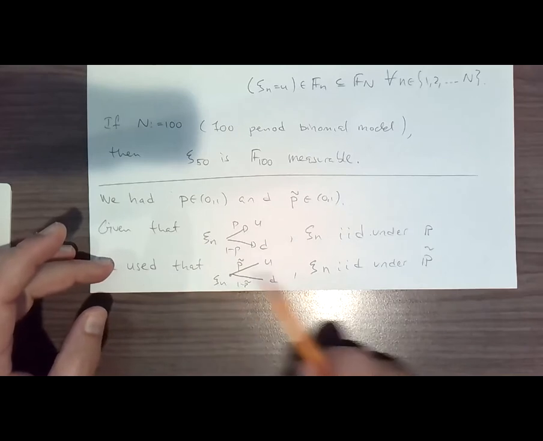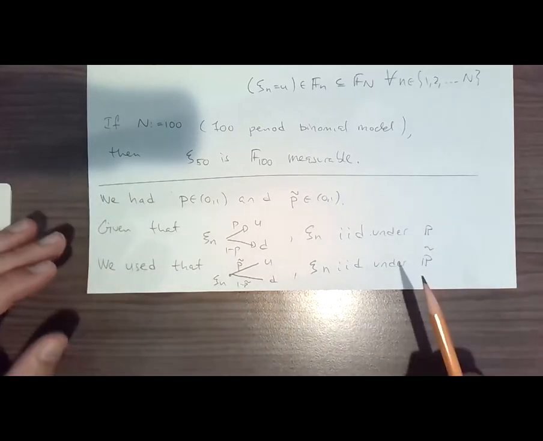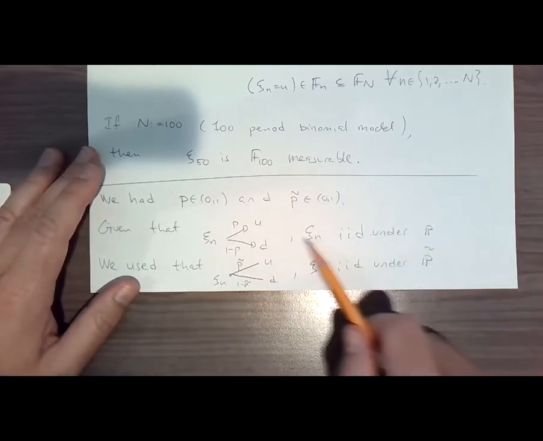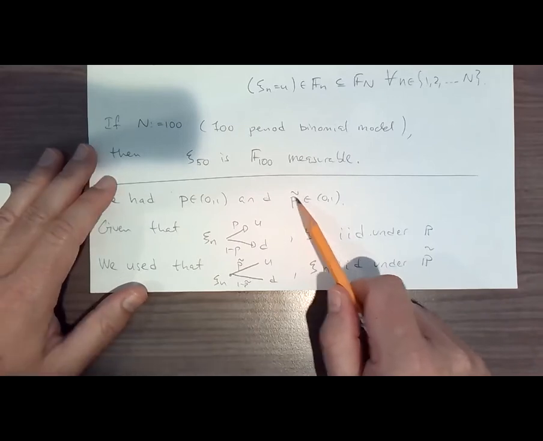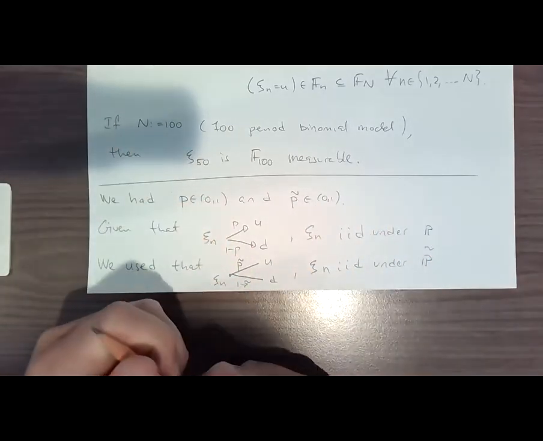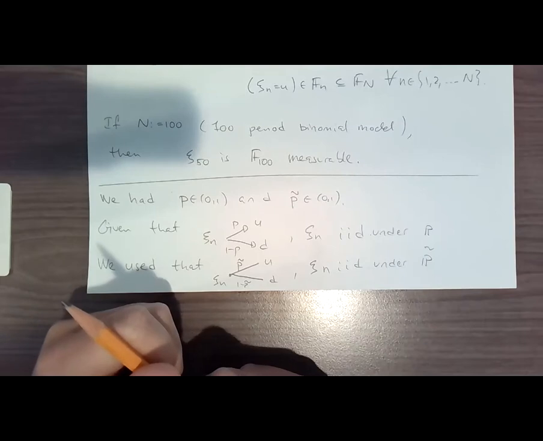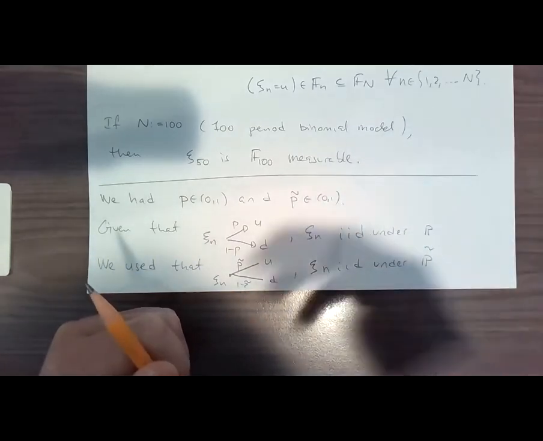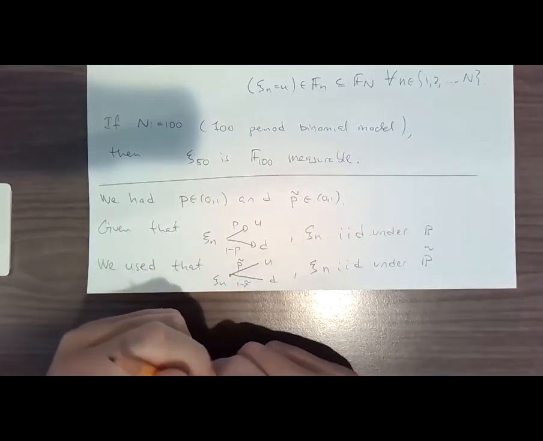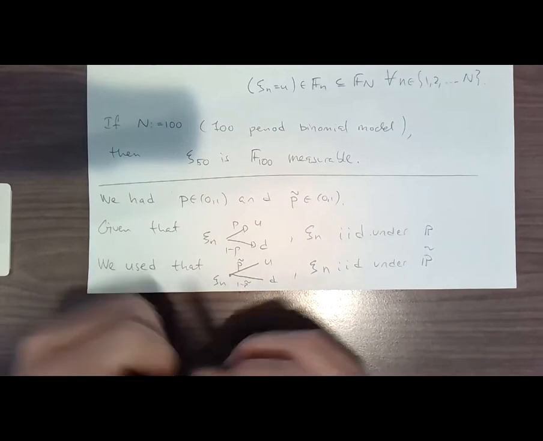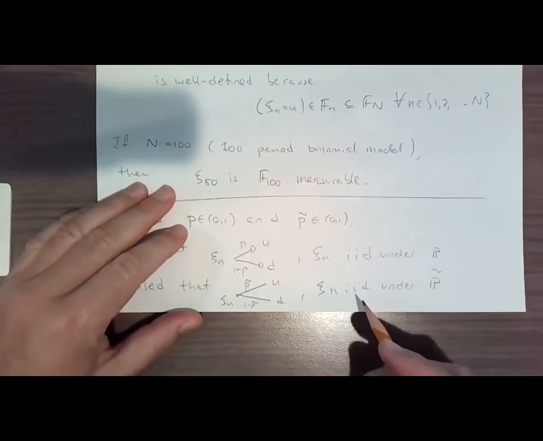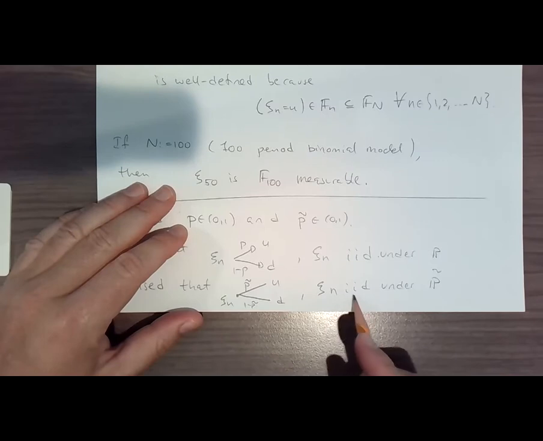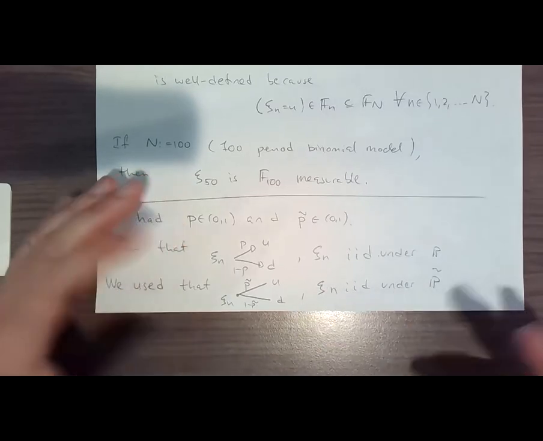If we had been given these properties under P tilde, then of course we could use them, but we didn't. We created these P tilde probabilities by a martingale condition, that if you took the stock and discounted it, you would get a martingale. This is how we found the P tilde expression. But we also used that the coin flips were independent under P tilde. Now, why is that true?